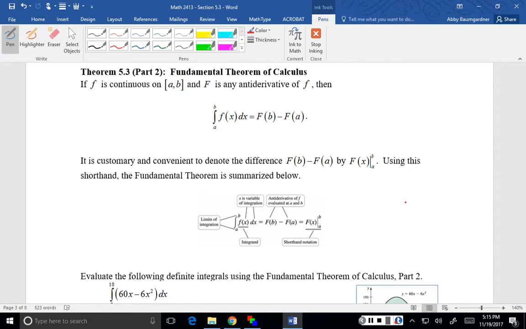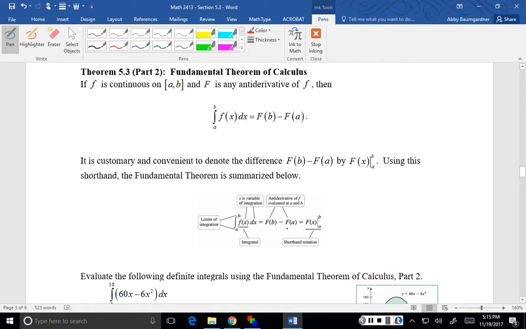We should be able to find the antiderivative and evaluate at the upper bound and subtract that from the antiderivative evaluated at the lower bound, and that should give us the net area.